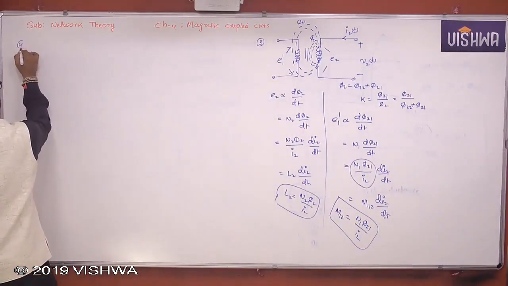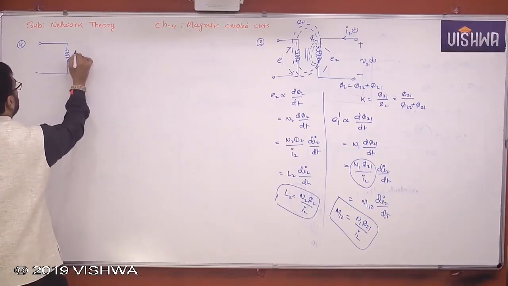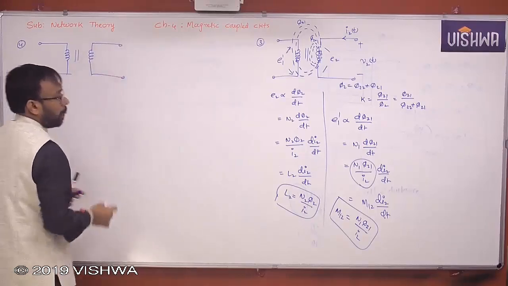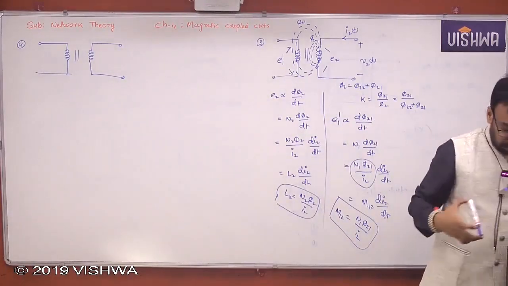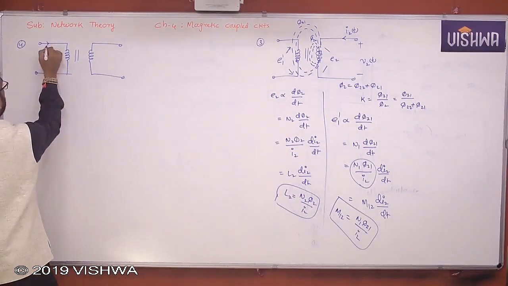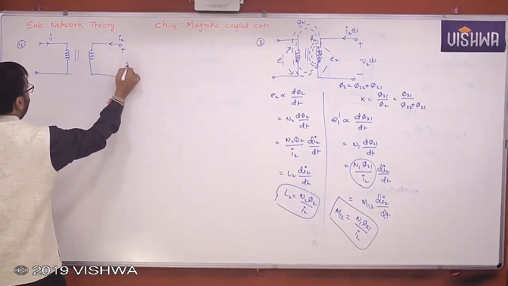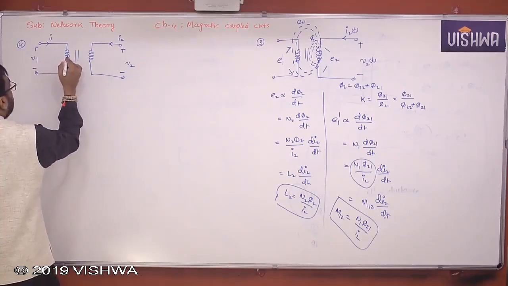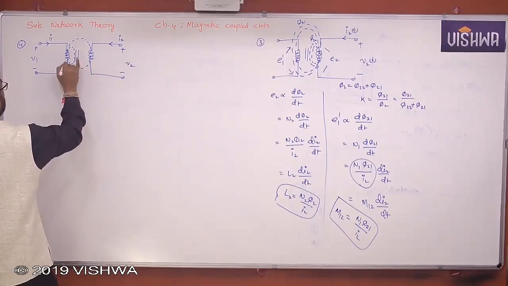Fourth one is when both the coils are excited, isn't it? When both the coils are excited, what will happen? Here I1, here I2, here V2, here V1, then obviously flux, right?